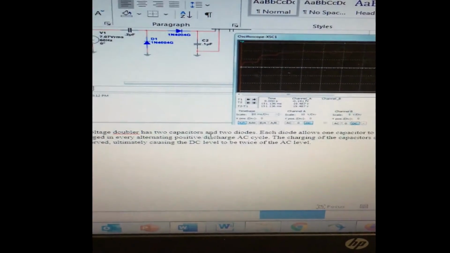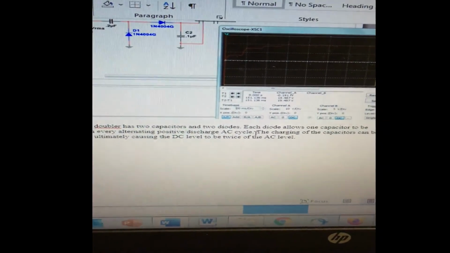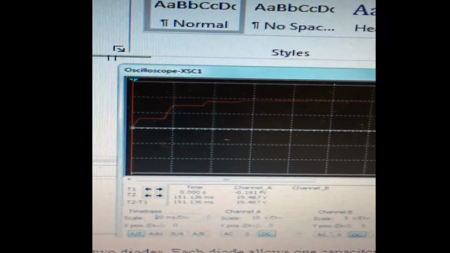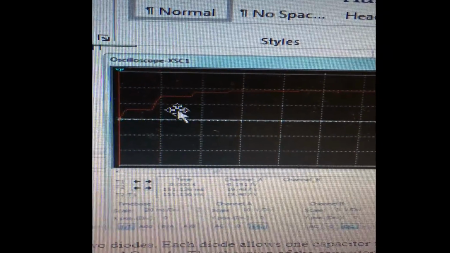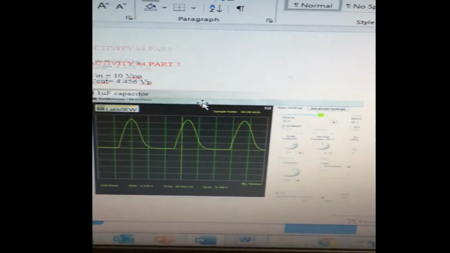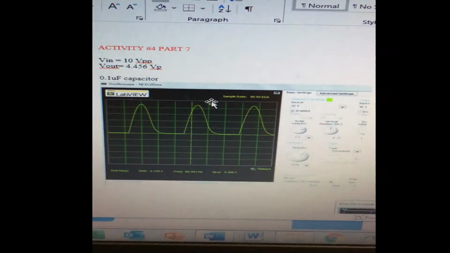Each diode allows one capacitor to be charged on every alternate half cycle. The charging of the capacitors can be observed here. They are slowly charging up and ultimately causing a 20 volt output. A DC output, I should say. It's important to remember it's a DC output.